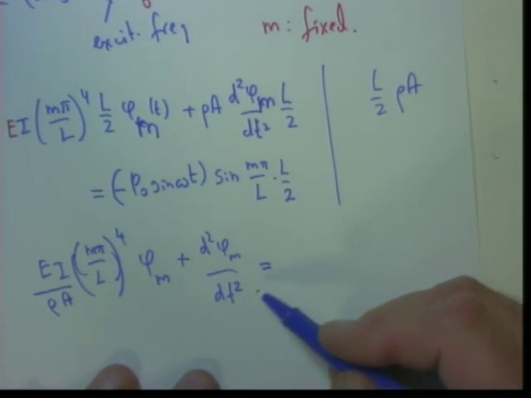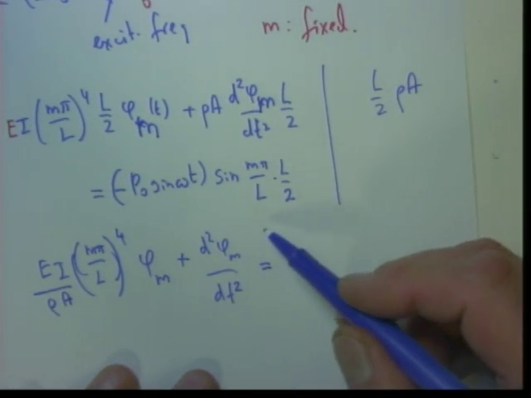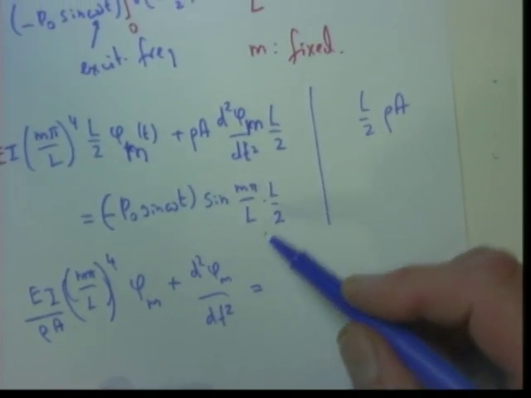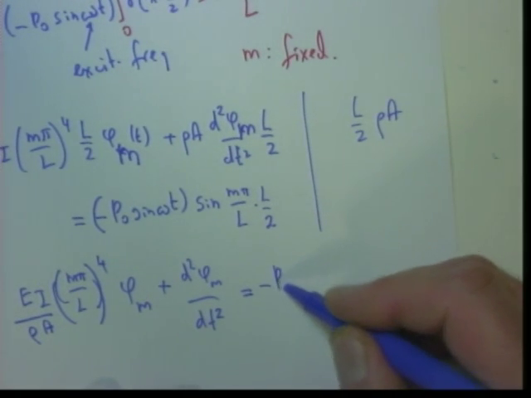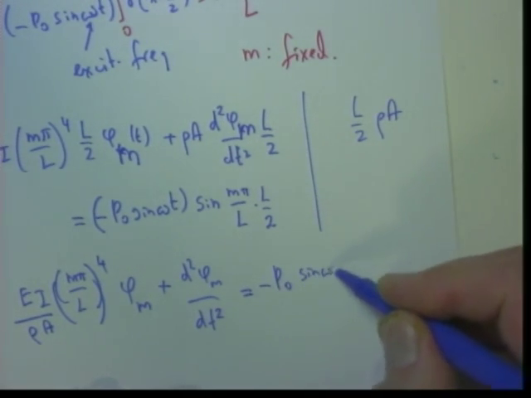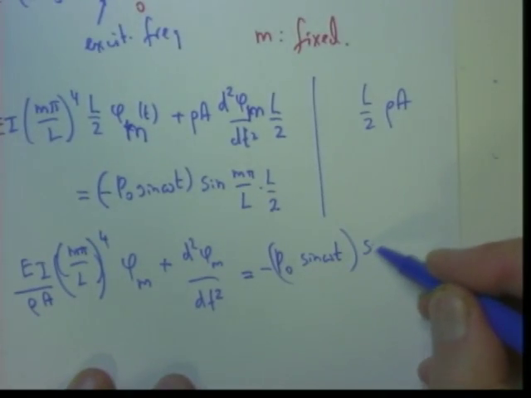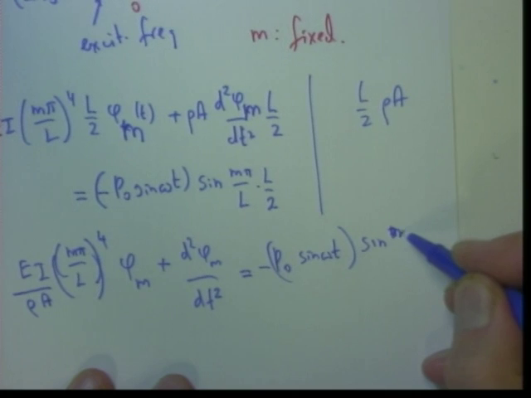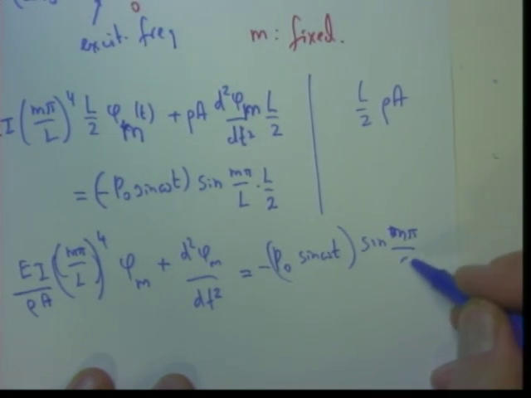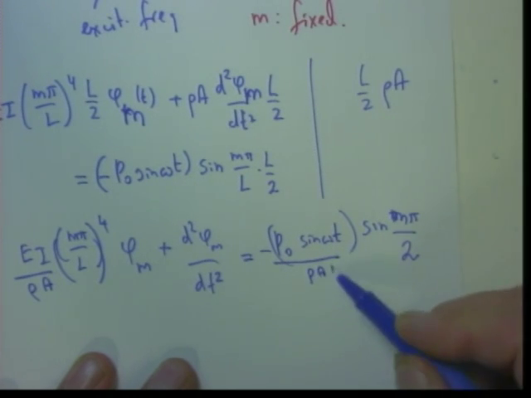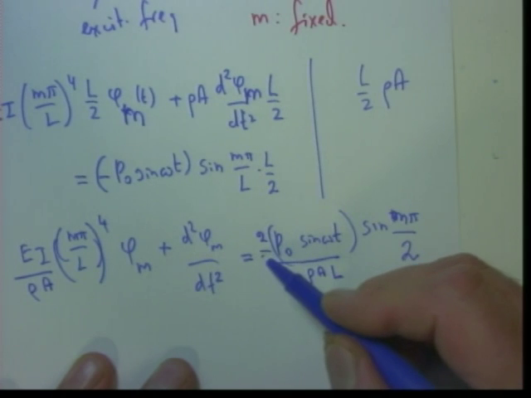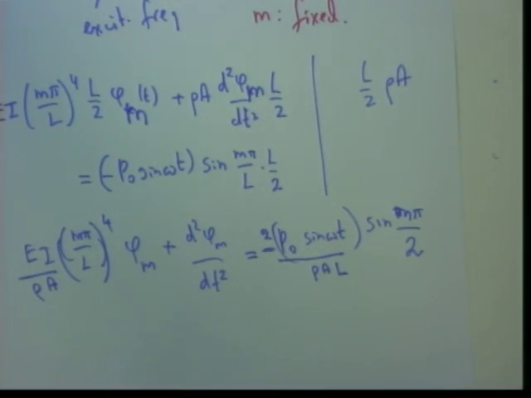This equals, divided by L over 2. So here we have minus p0 sine omega t times sine m pi over 2. And we have to divide by rho A and L over 2. Okay, that is solution for phi sub m, where m is fixed.